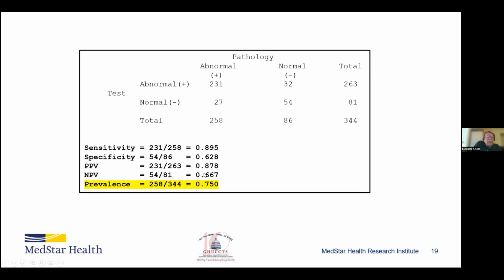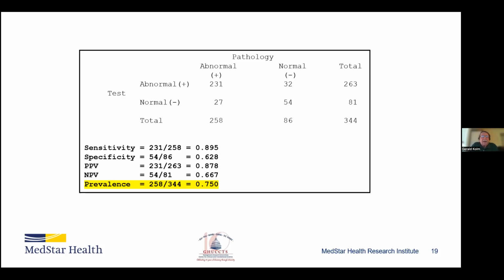In this case, when we did our study and came up with these numbers, we looked at a sample that had a prevalence of 0.75. In other words, there are 258 that are actually abnormal out of a total of 344. So the prevalence in our sample is 0.75, or 75% of the sample actually had the disease.